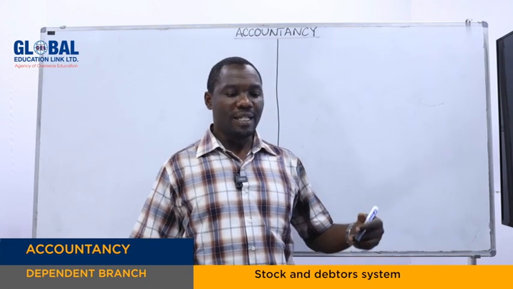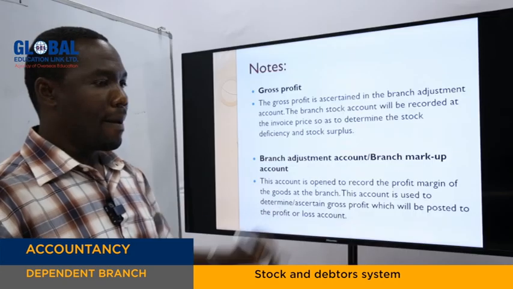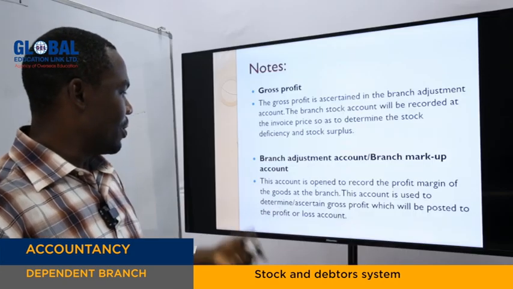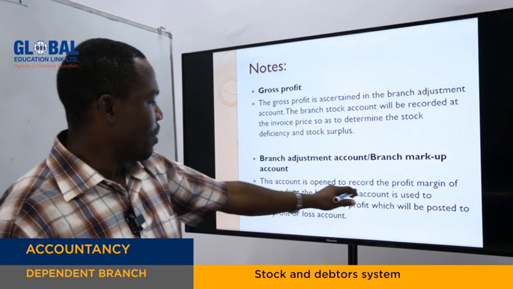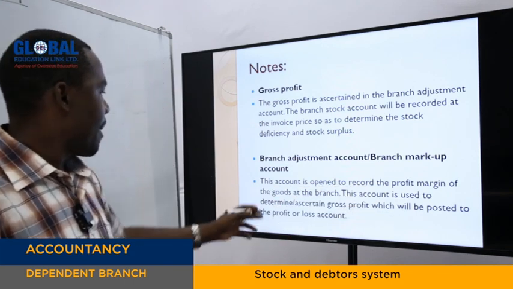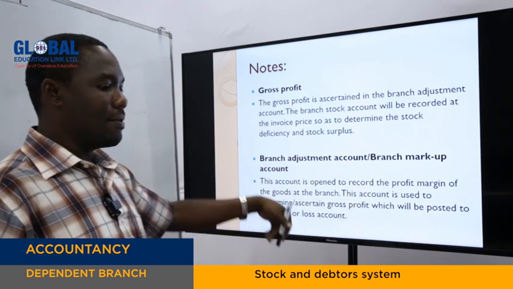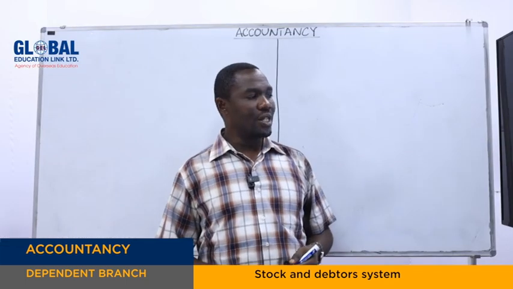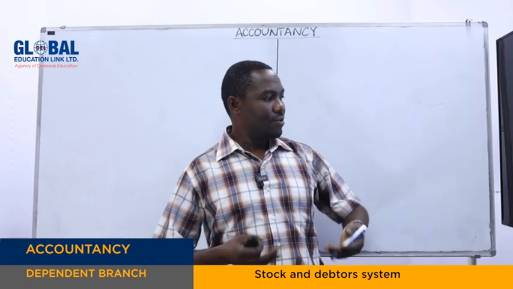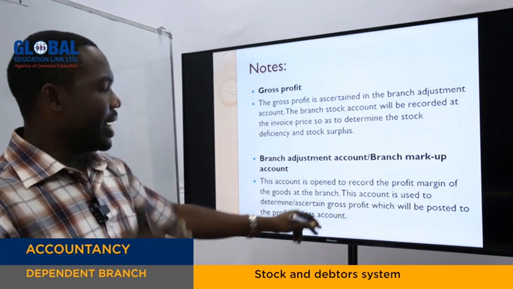And basically this is an unrealized profit. Whenever the head office sends goods to the branch, if these goods remain unsold, they will constitute an unrealized profit. And of course, there will be an opening entry in the branch adjustment account for the previous unsold stock, on which there is now a profit not realized.